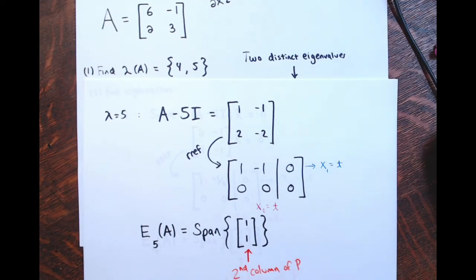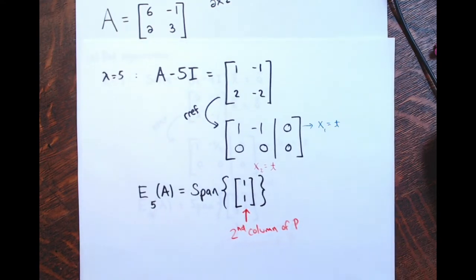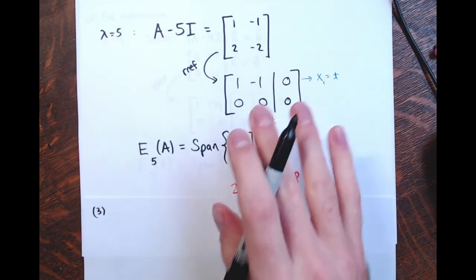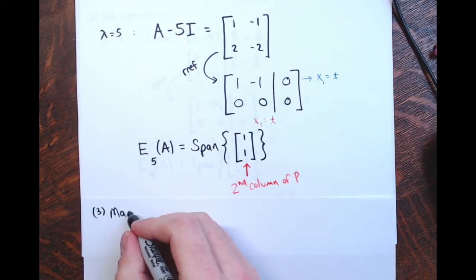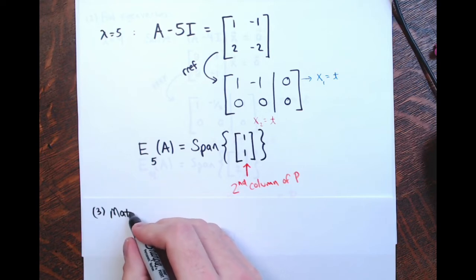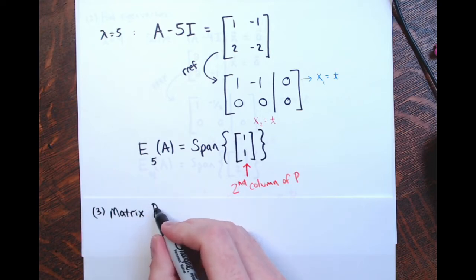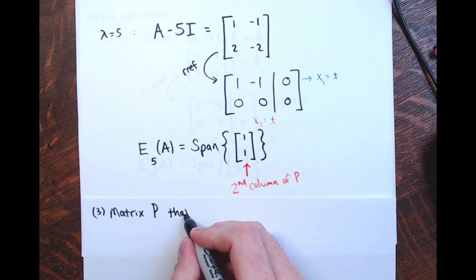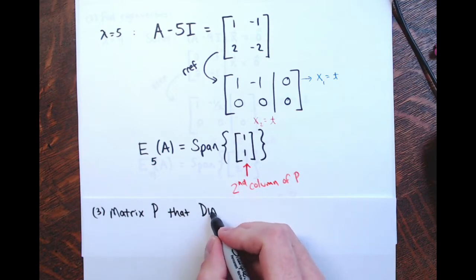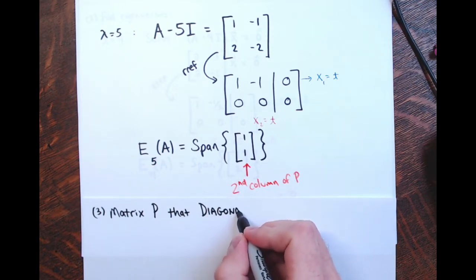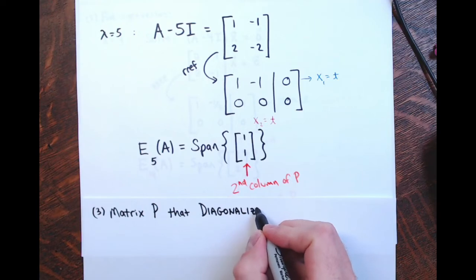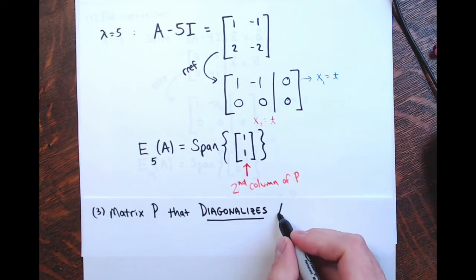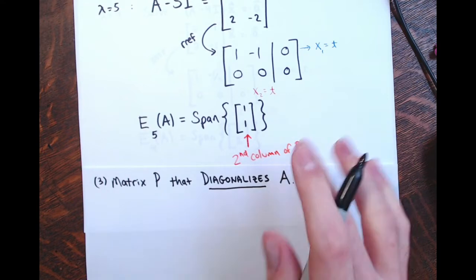So then after I find all these n independent eigenvectors, we can create the matrix P that diagonalizes A. And it's simple.